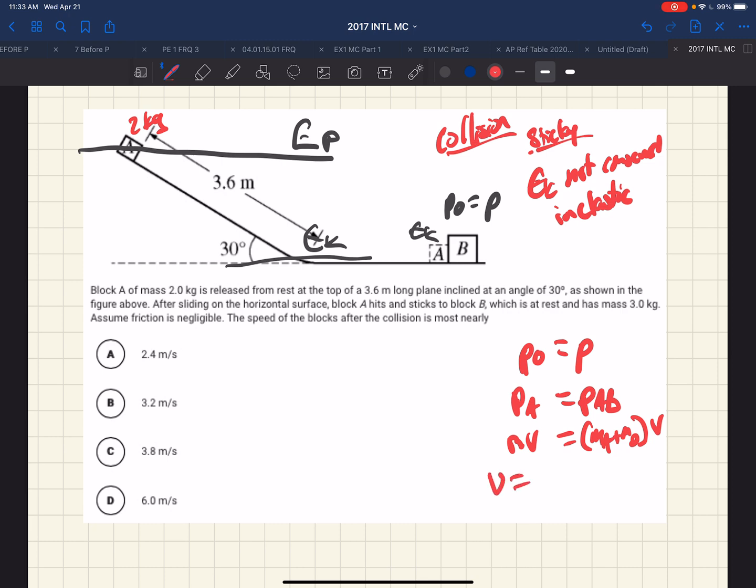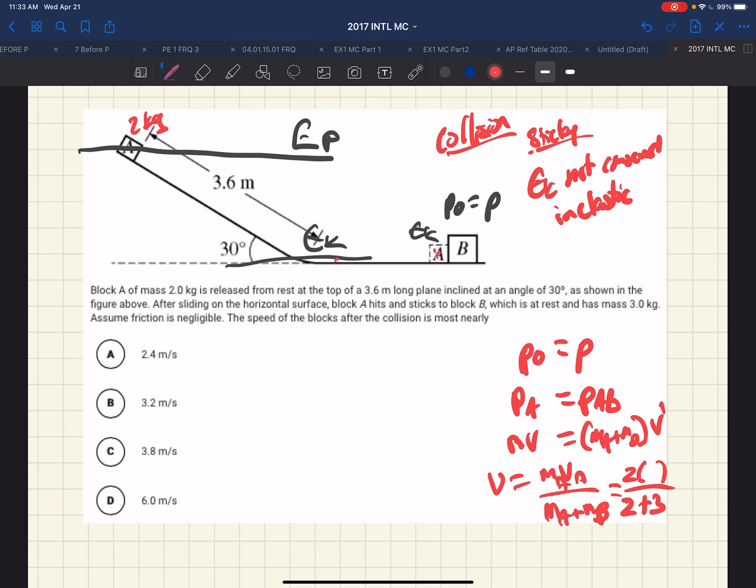So the final velocity will be ma va, all over the sum of ma plus mb. Well, we know we have a mass of 2 kilograms times its velocity, all over 2 plus 3. We just need to find this velocity.